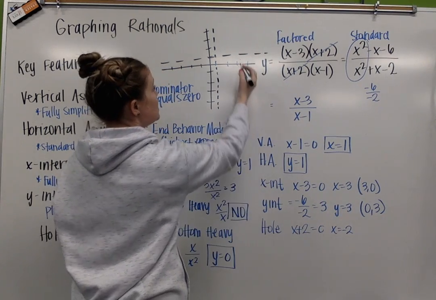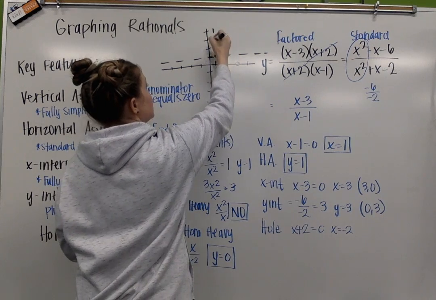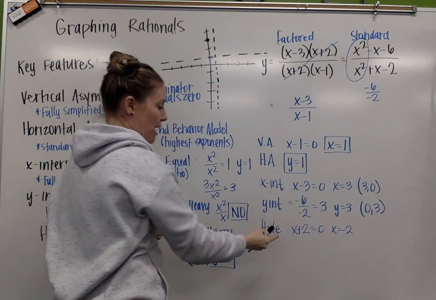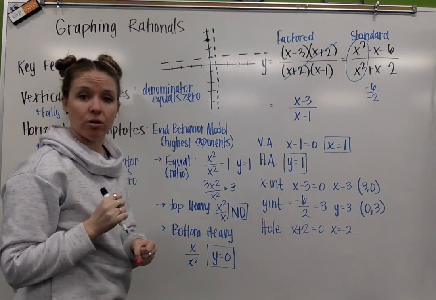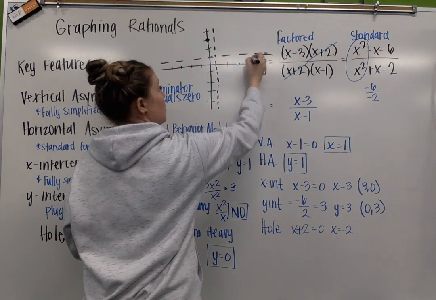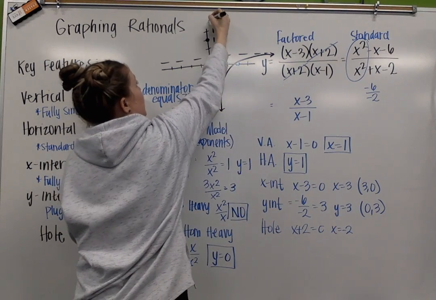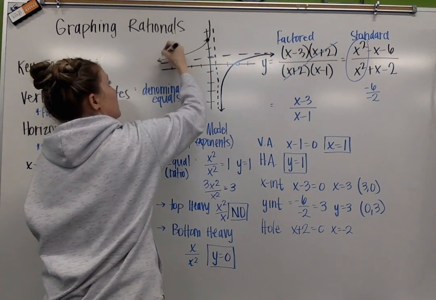I have an x-intercept at 3, 0. And I have a y-intercept at 0, 3. And then once it's graphed, I'll come back and show you the hole. So because I have an x-intercept here, this piece of my graph is going to look like this. And then my second piece is going to look something like this.